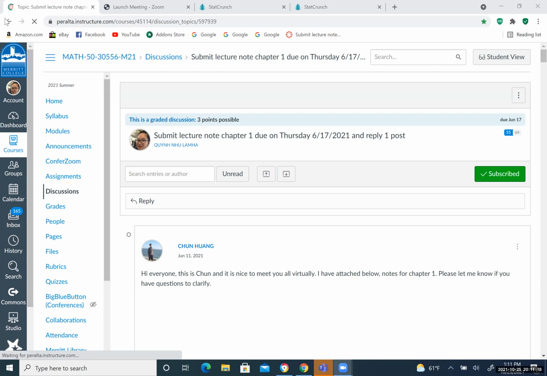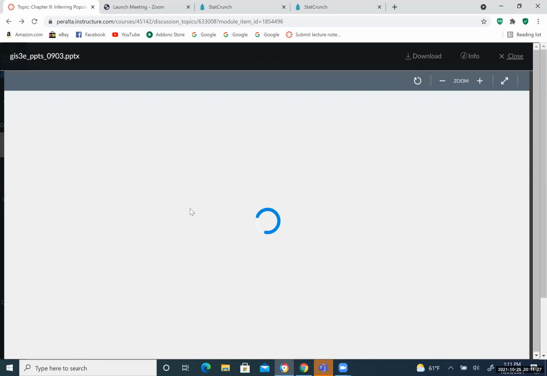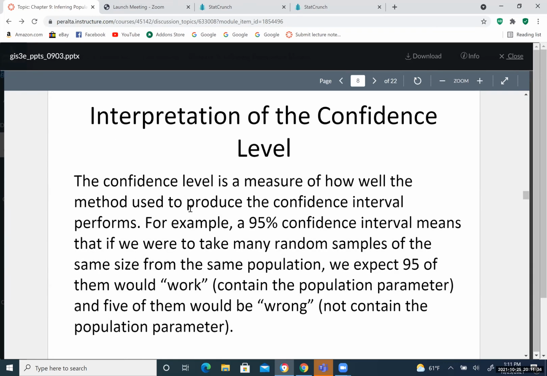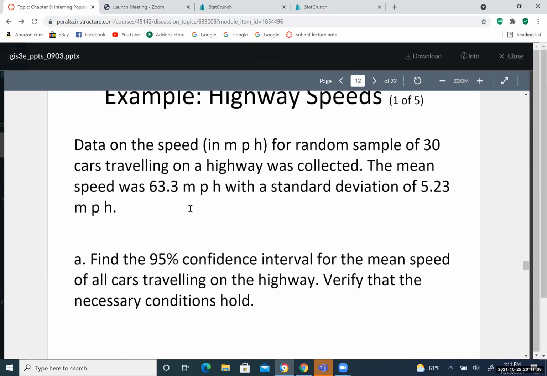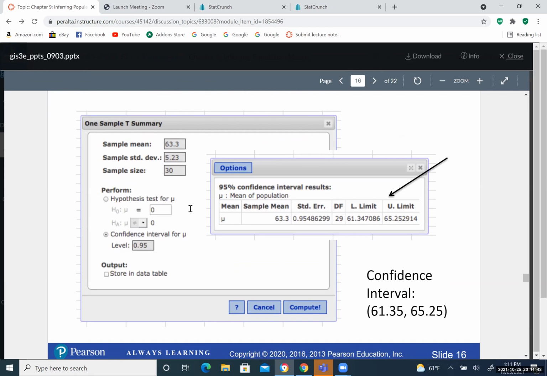Okay, we are on here. So sample mean is 63.3. Sample standard deviation is 5.223.